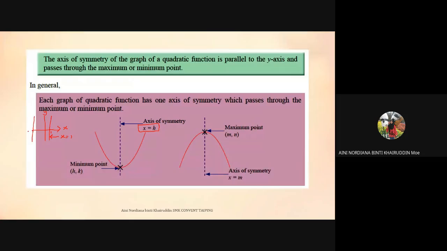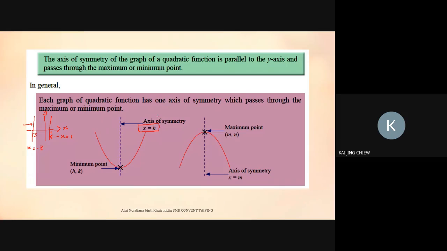If this straight line, the equation, let's say here negative 3. What is the equation of this straight line? Anyone? X equal to -3. Bagus Q. Betul, correct.